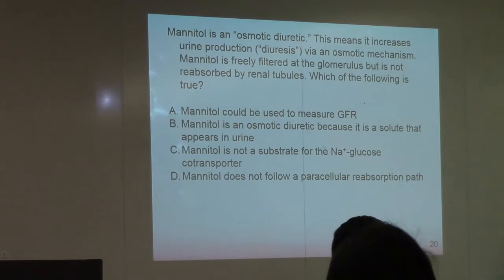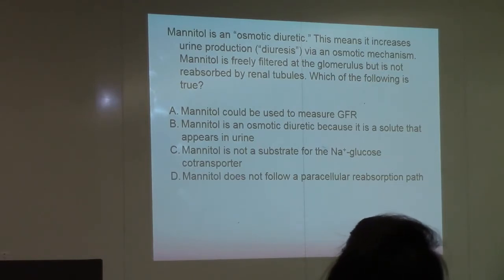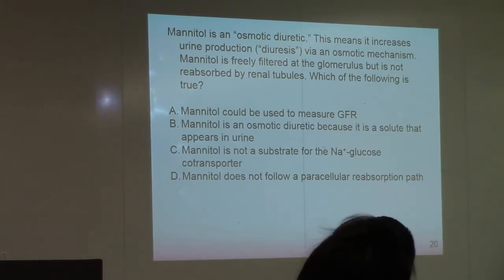Which of the following is true? I'll give you a hint. There's more than one correct answer in this one. Which of the following are true?